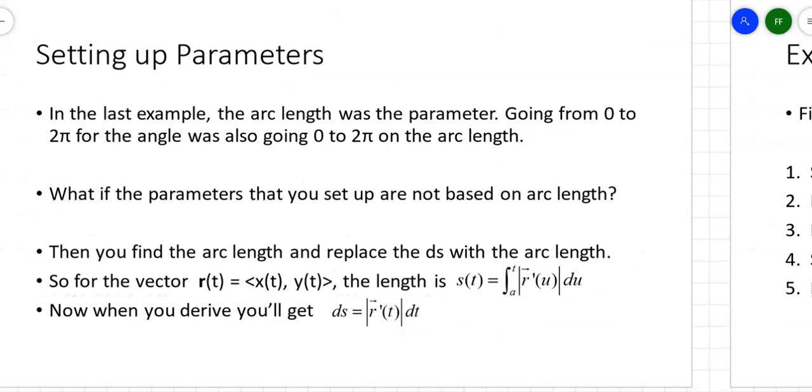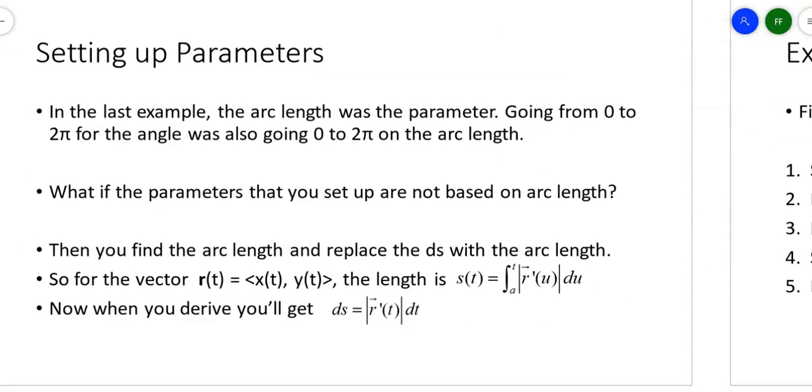So setting up parameters. What if the parameter is not based on arc length? Then you've got to find the arc length. Replace the ds with the arc length. And so now, for that vector, the arc length is the integral of the derivative. Well, when you take the derivative of both sides, you realize that your ds is basically the magnitude of r prime of t.